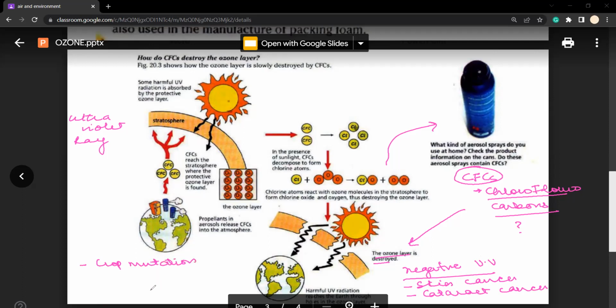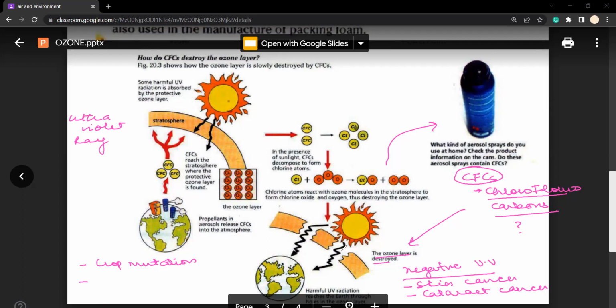So these are basically the negative effects of UV rays reaching the Earth's surface. They're leading to genetic mutation or the crop mutation. So these are the effects of the ozone depletion, which is letting the UV rays get in.